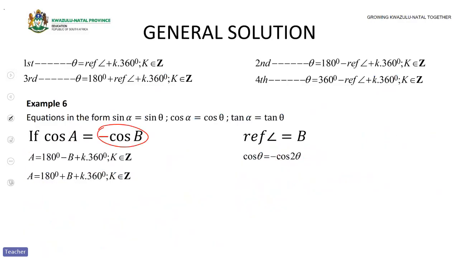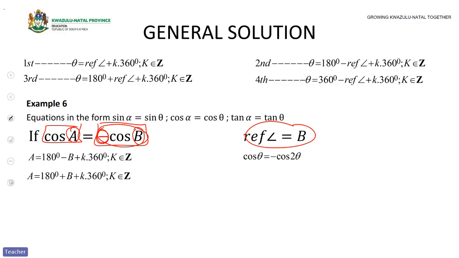We are given cos A equals minus cos B. So this negative here represents the quadrants where cos is negative. So we are still going to be applying the very same method. We said if cos A equals cos B, then it means B should be equal to A. Then if that is the case, we'll let our second angle, B, be our reference angle.